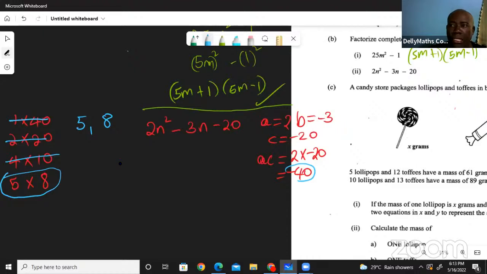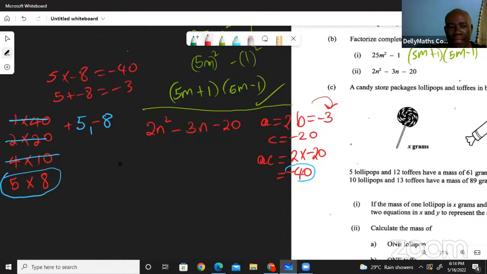Let the bigger number take the sign that B has. So 8 will be negative and the 5 will be positive. We want to make sure that when you multiply these, +5 times -8, you get -40. And if you add these, you will get your -3. So you're seeing your AC and your B value coming out at the same time.